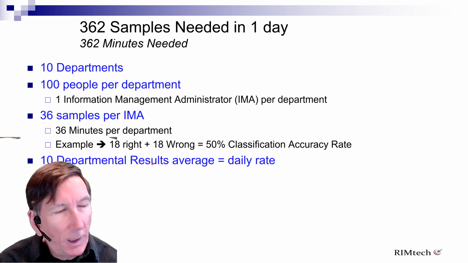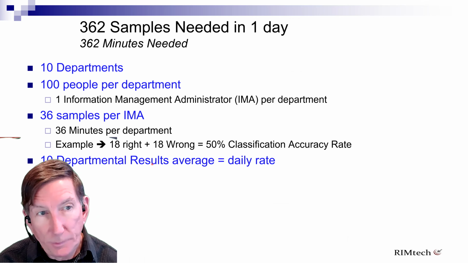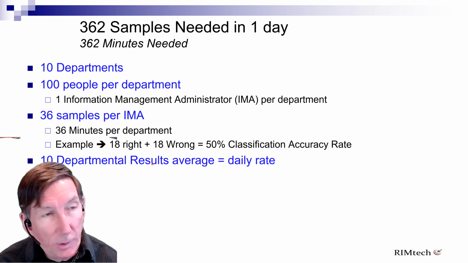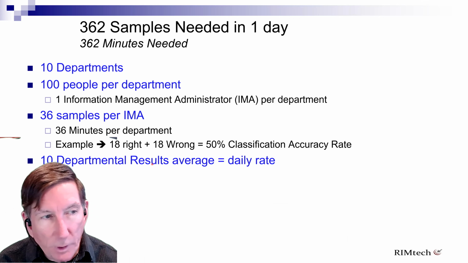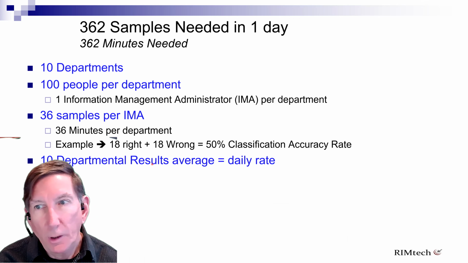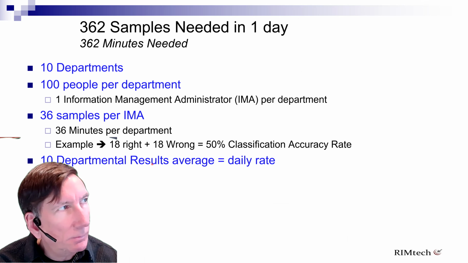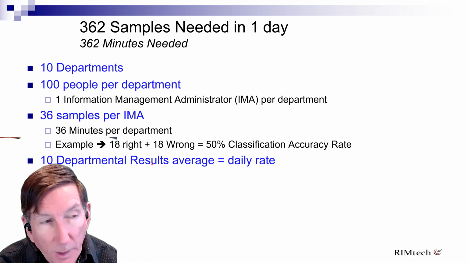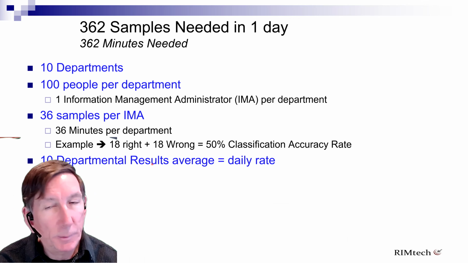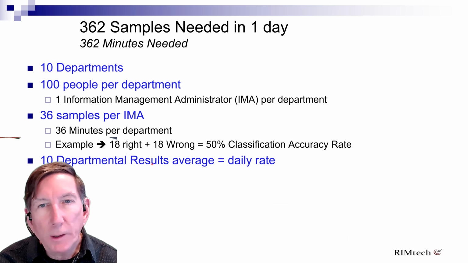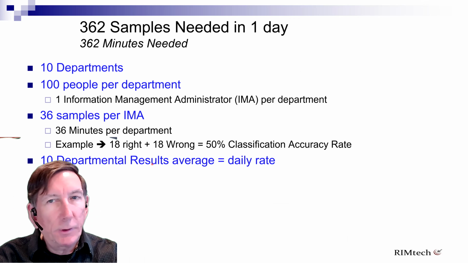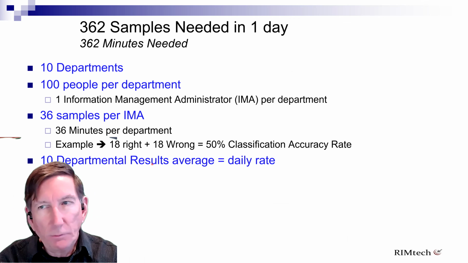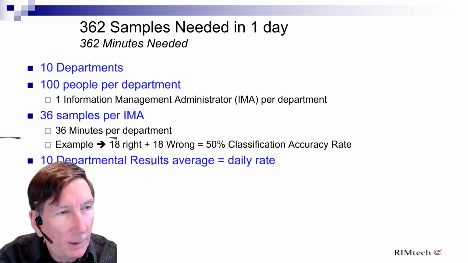It's 808. 808 is audits. It's wrong. Now you have sample two, one right, one wrong, which means your classification accuracy rate so far out of a sample of two is 50%. So you keep going. And as an example, after 36, if you were to have 18 right and 18 wrong, that would be a 50% accuracy rate.